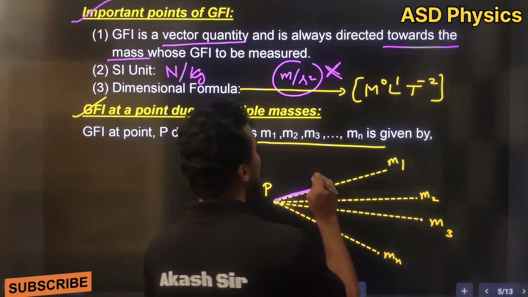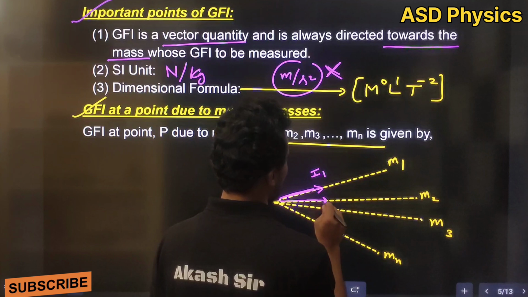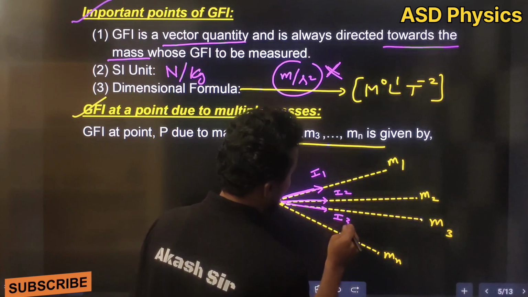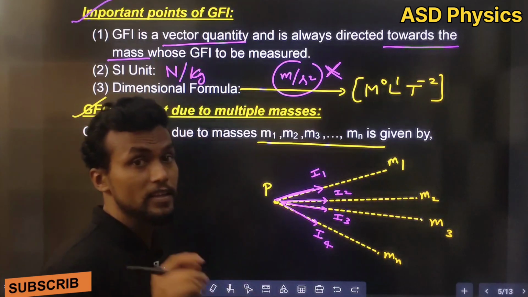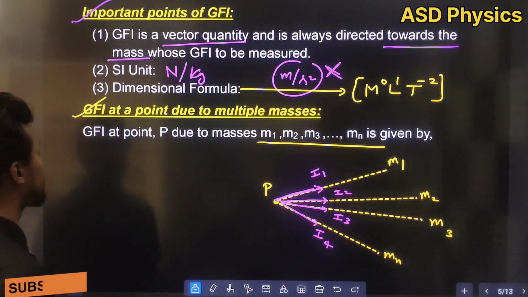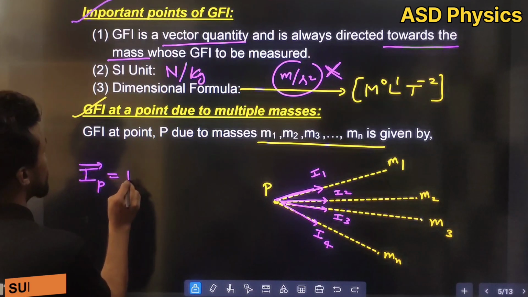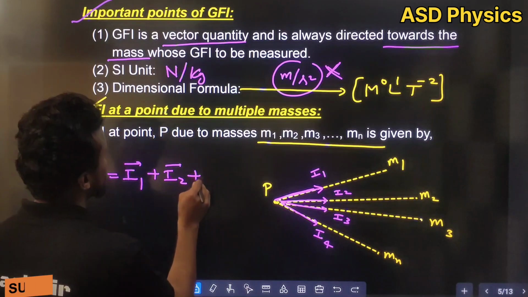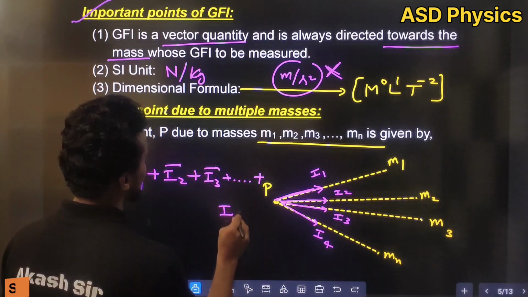So here I am drawing the direction of the GFI: this one is I1, this one is I2 towards the mass, this one is I3, and this one is I4. They are all vector quantities. That means the resultant GFI at point P, in vector form, is I1 plus I2 plus I3 plus dot dot dot plus In.